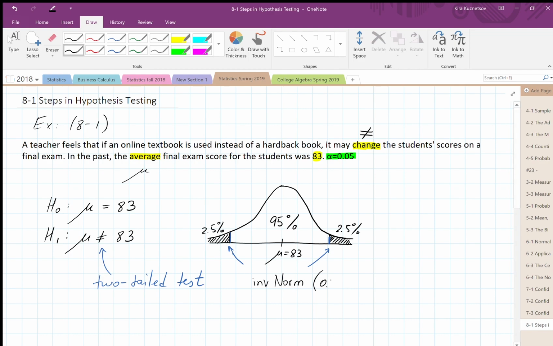If you put in the bottom 2.5% with a 0, 1, it'll give you that z-score, the critical value that cuts off the difference between the critical region and the non-critical region.